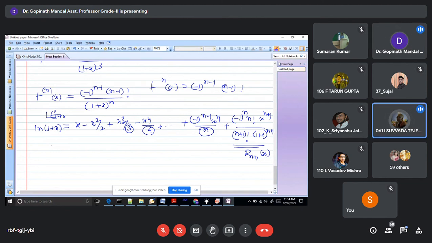The Taylor series expansion at x equal to 0 is called the Maclaurin expansion. That is the general expansion of ln(1 plus x) or sin x or cos x or anything.